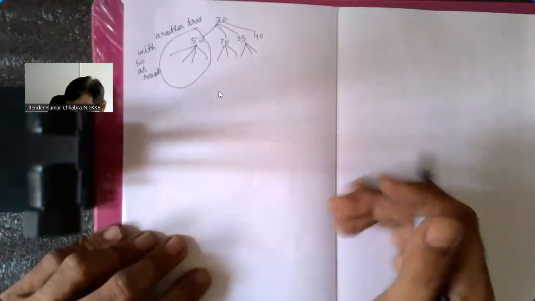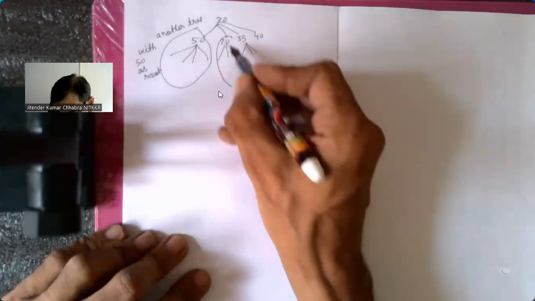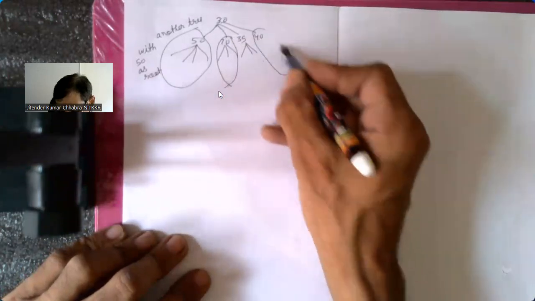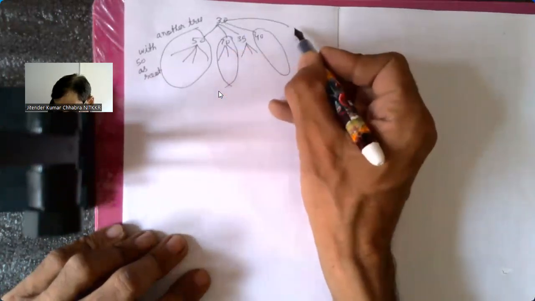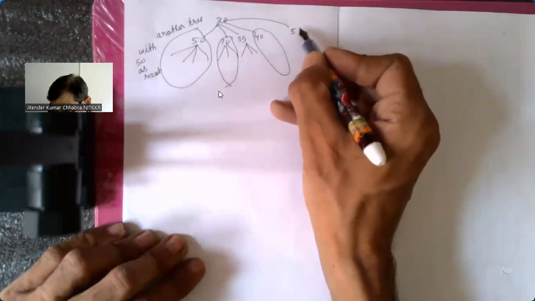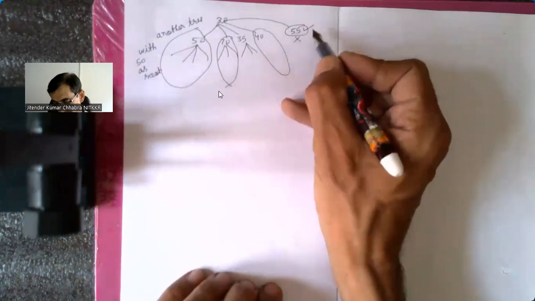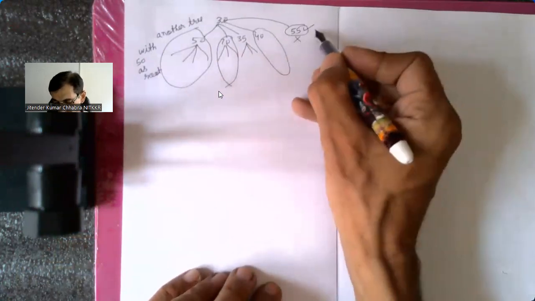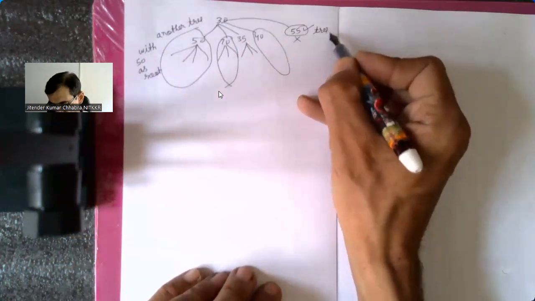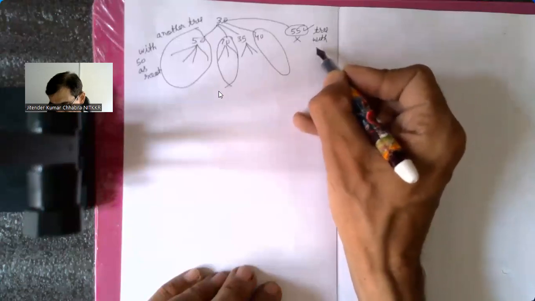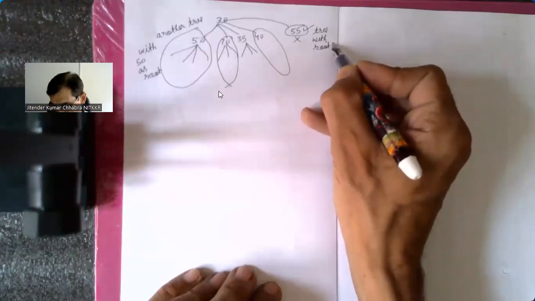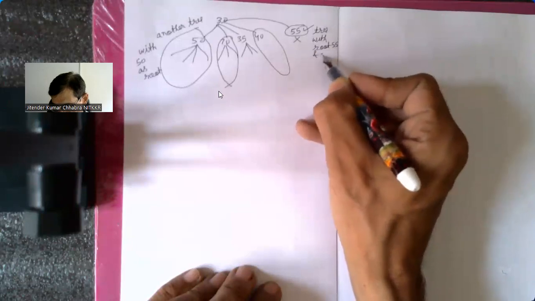And similarly, I can have another subtree, and another subtree. This could have only a last element, let's say 55, with no further division. So this could be just a root node with no further partition. So this is again a tree with root 55 and no children and no subtrees.